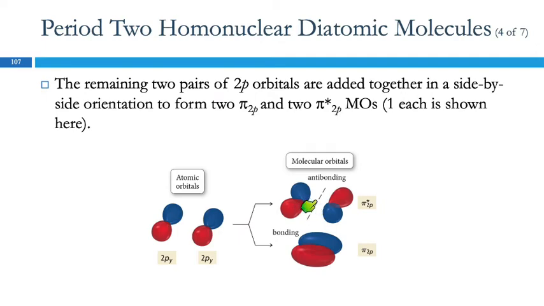Negative, the destructive interference, we get something like this. And so this is a pi orbital, like the pi bonds we saw in valence bond theory. So this is pi 2p and pi star 2p.